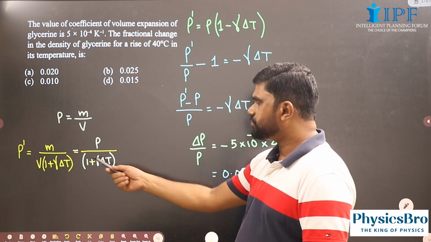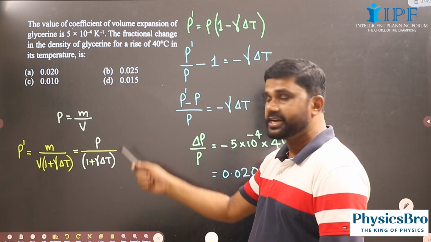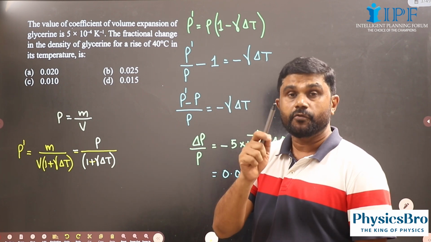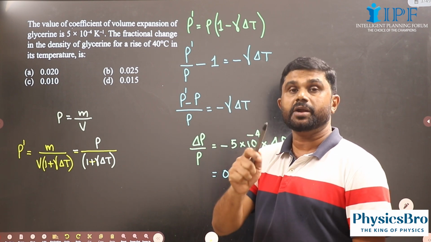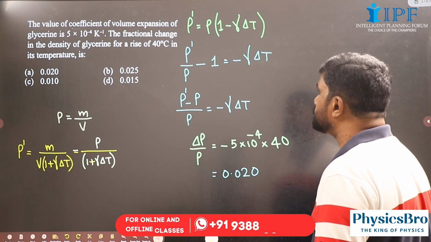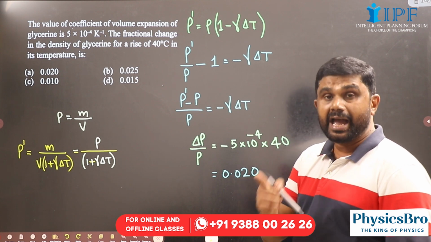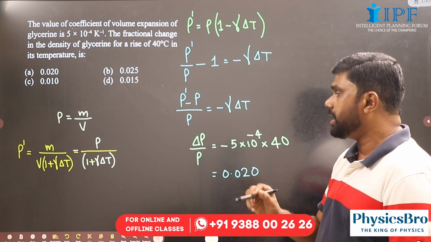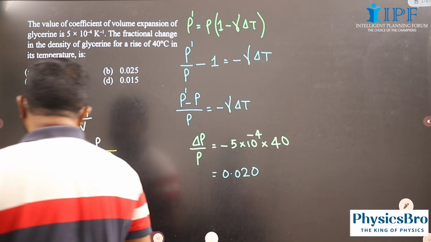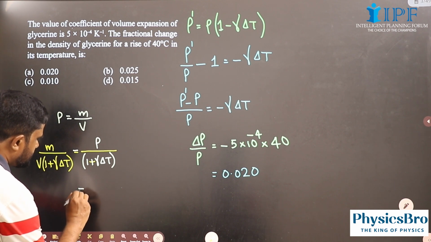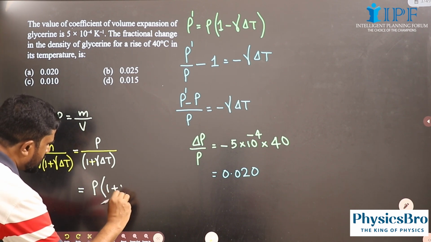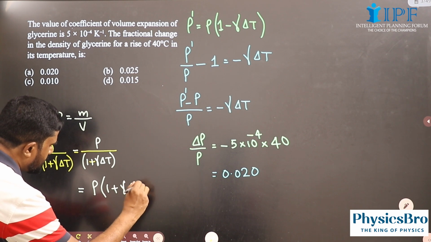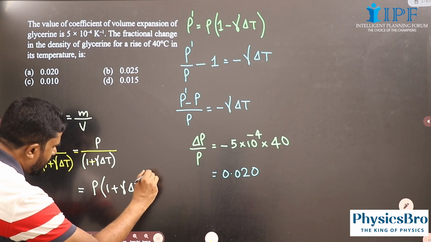Now when this 1 plus gamma delta T is taken to the numerator, it will be 1 plus gamma delta T raised to minus 1. So this is actually rho times 1 plus gamma delta T raised to minus 1.